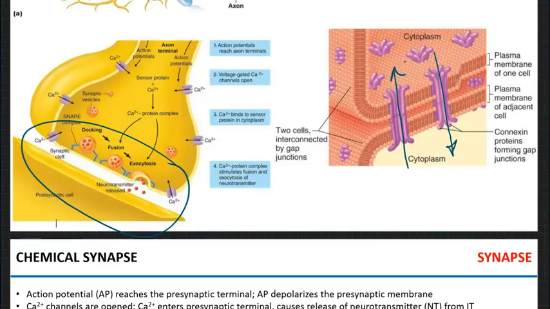And this is pretty much the only time we talk about an electrical synapse. We're not even going to mention it anymore. Every time we talk about communication between neurons, you need to think, okay, we have an electrical signal in the neuron, and then a chemical signal between the neurons. Sounds good?